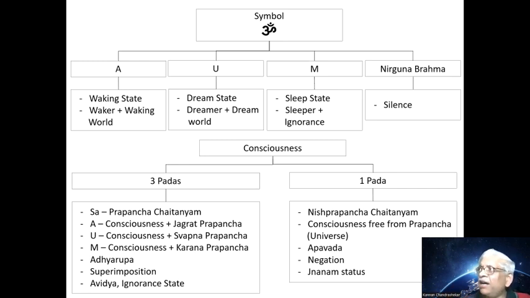The A portion is what? It is consciousness plus the entire waking world, which is called as universe. U stands for the dream world. Again, consciousness is there and the entire universe is there, which is the dream universe. M stands for consciousness plus the sleep, Karana Prapancha.